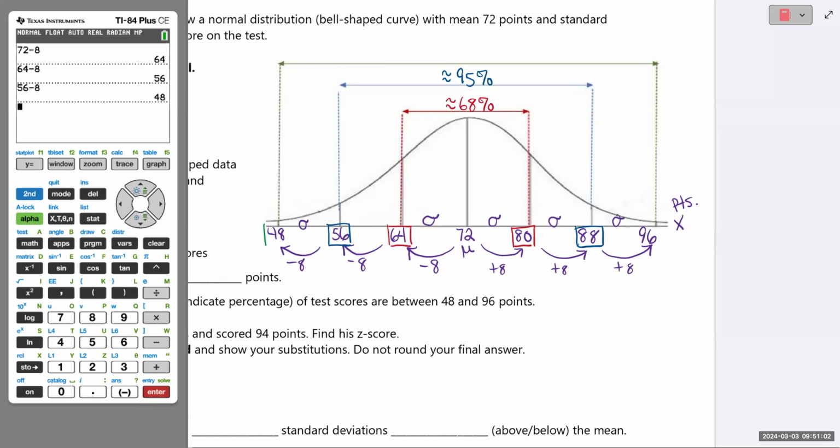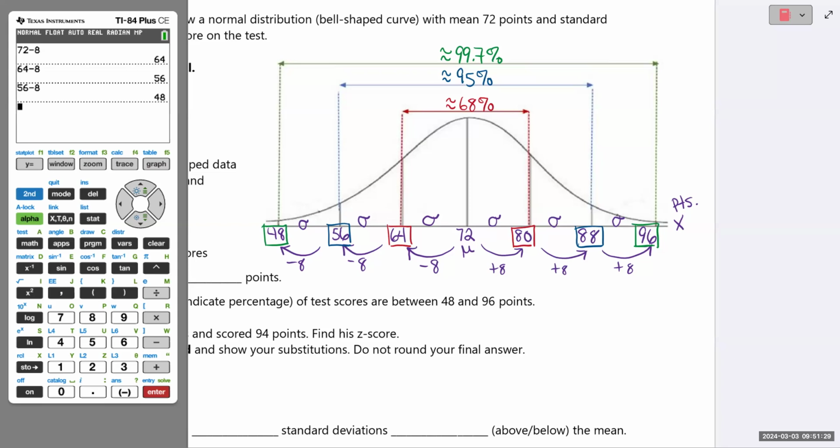So between 48 points and 96 points, that's really almost everybody that took the test. That's going to be 99.7% of scores. All right, and there is your graph of the empirical rule for bell-shaped data with those particular parameters.